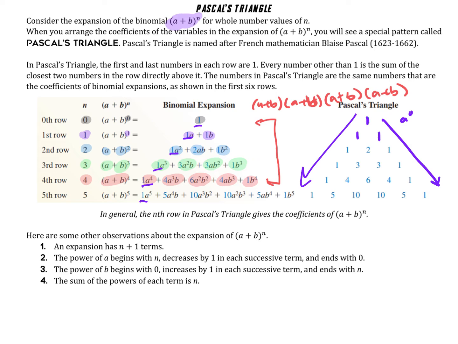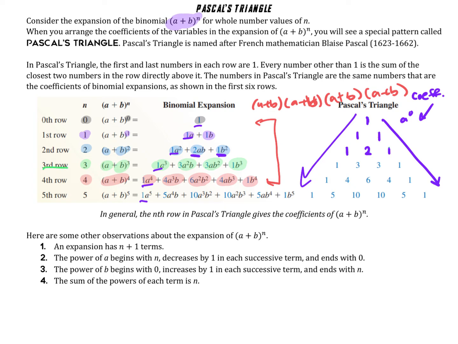And then in the third row, we had 1a squared plus 2ab plus 1b squared. So what we're really looking at here, these numbers, are the coefficients that we identified off to the left.